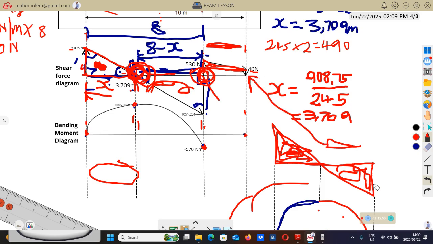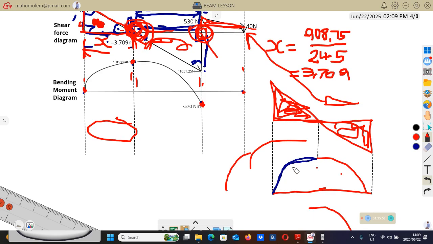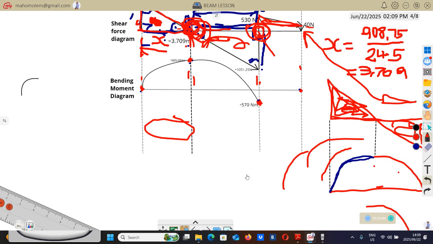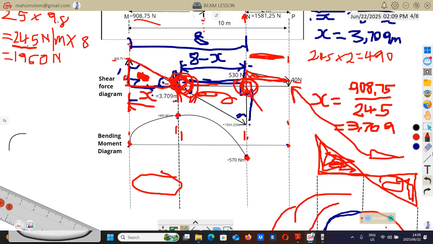So because of that, our curve will go like this blue one. So we're going to join this point and this point with this kind of curve. Good, that's all. That's how our diagram will go.